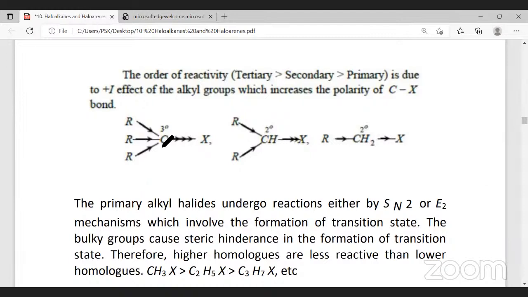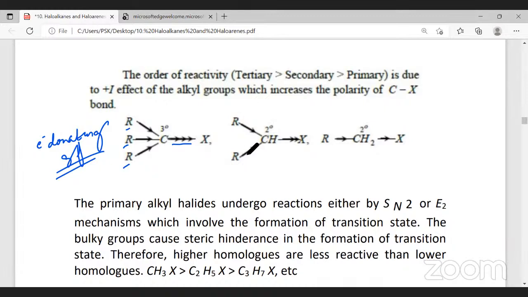See, this is a tertiary carbon atom because this carbon atom is bonded to 3 R groups. These alkyl groups are electron donating groups. Since they are donating the electrons, the electrons move towards the halogen. When the electrons are moving towards the halogen, what happens? The reactivity of the tertiary carbon atom becomes more.